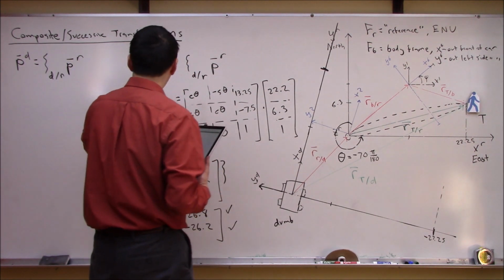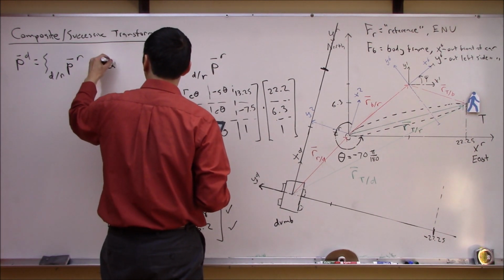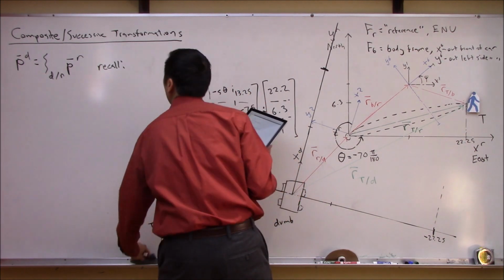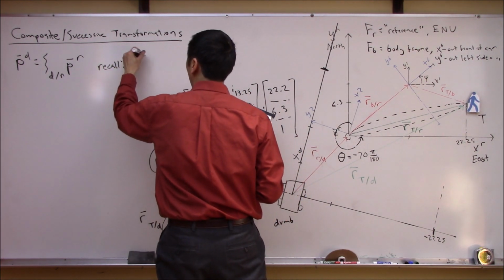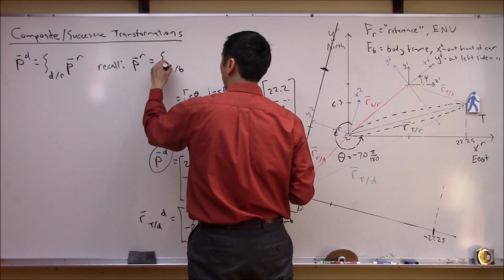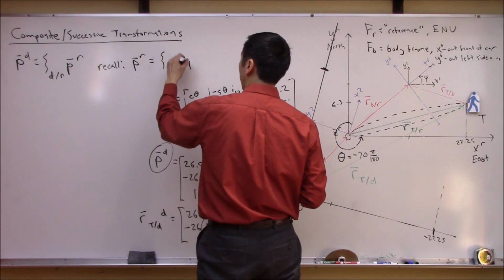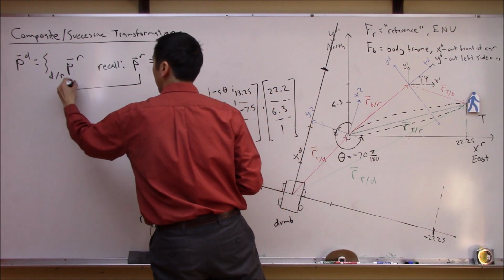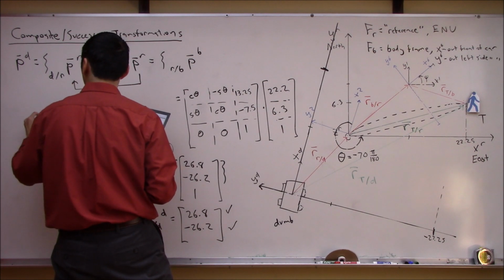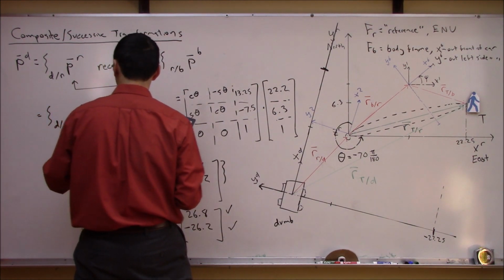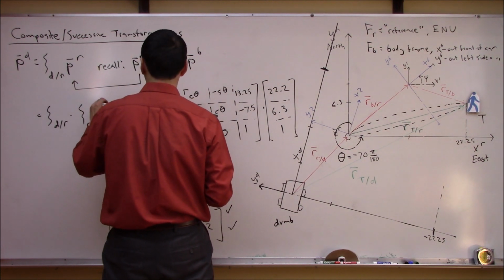Now, if you remember in the first calculation, didn't we calculate what PR was? That was just a transformation matrix from the body to the reference, times the pose in the body frame. So here, substitute this into this side, and you end up with psi D R times psi R B times the pose in the body frame.